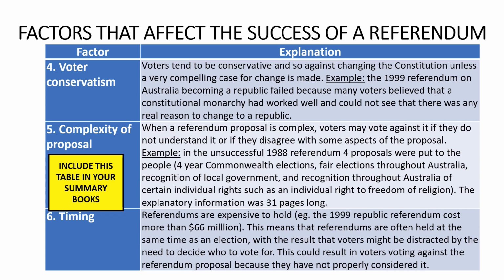However, the problem with this is that voters are likely to be more focused on who to vote for at the Commonwealth election rather than on the referendum proposal. As a result, voters are less likely to give proper consideration to the referendum proposal, and so they're more likely to vote against it because they haven't had an opportunity to properly consider it.